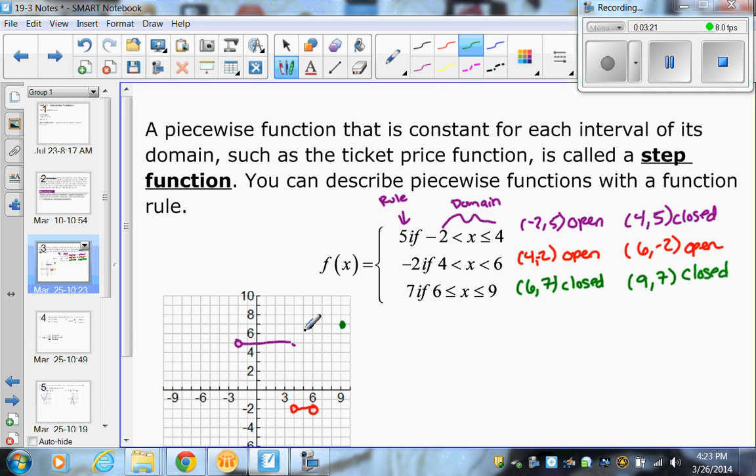And this one should be right here. So that would be our graph of this special piecewise function, which we call a step function. And if you notice with a step function, each piece of the graph is just a horizontal line between 2 points.